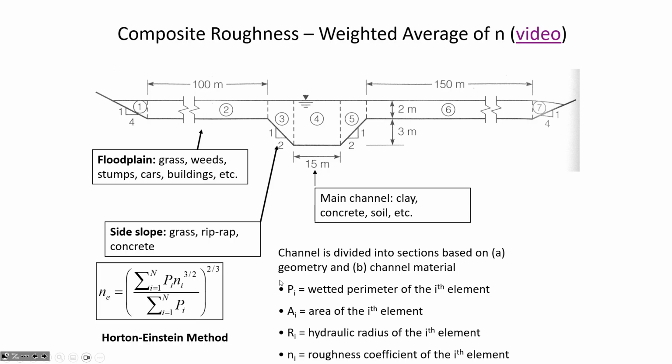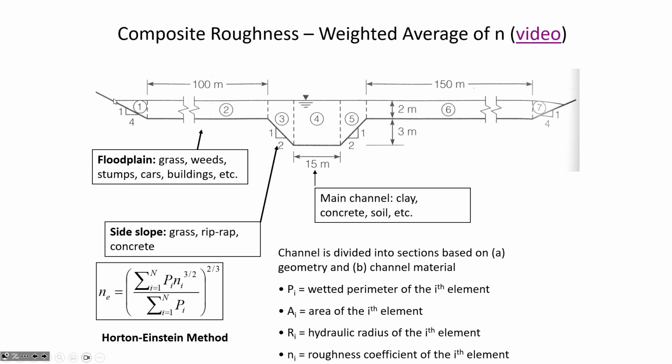But the Horton-Einstein method is a way of estimating a composite n value based on all of the parts. And it's effectively a weighted average. So what this Horton-Einstein method says is that the important factor when it comes to n value is the wetted perimeter.